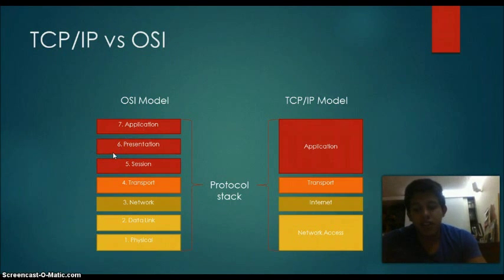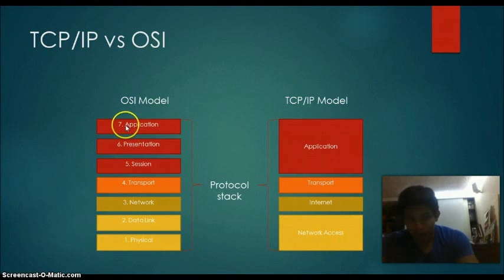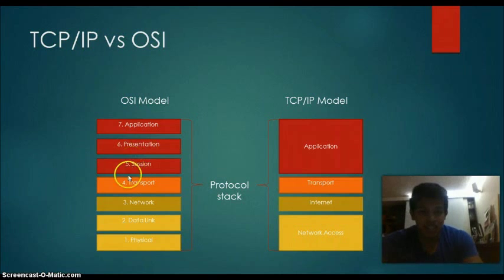The presentation layer provides common representation of the data transfer between application layer services. The session layer provides services to the upper layer, which is the presentation, for organizing and managing data. Transport defines services to segment, transfer, and reassemble data between devices.